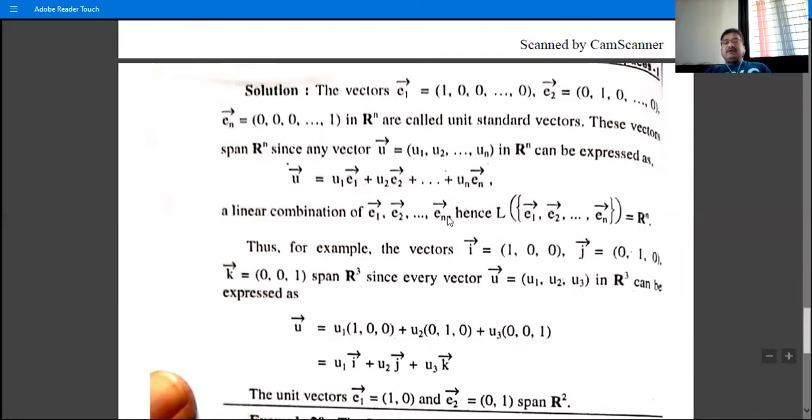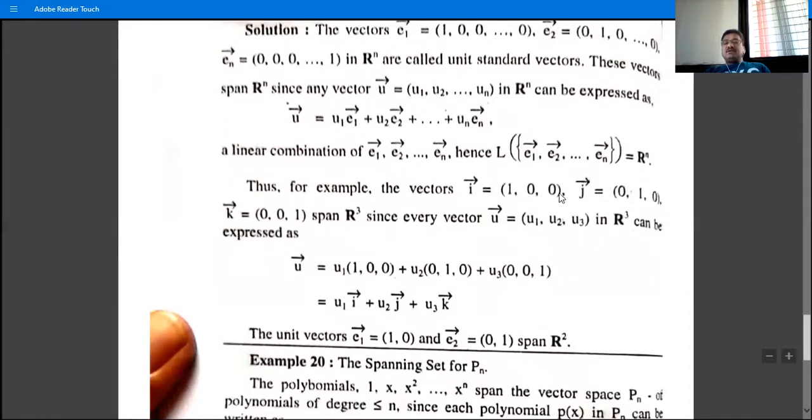Therefore the set {e1, e2, ..., en} spans Rn, or L(S) is equal to Rn.